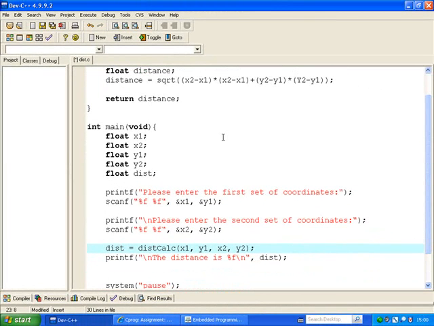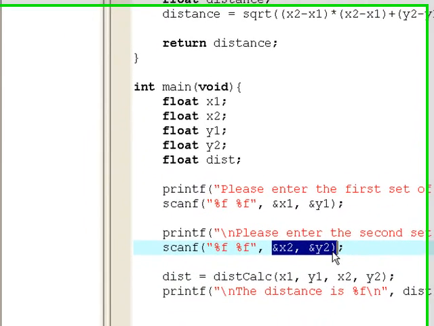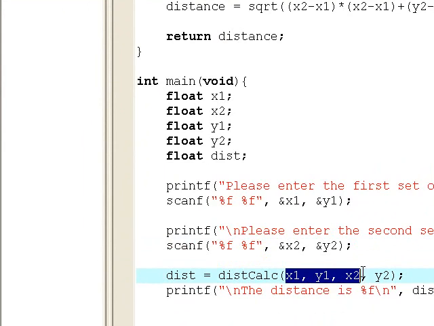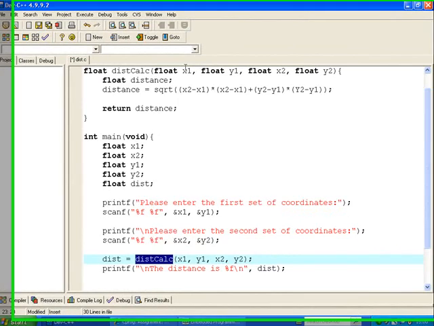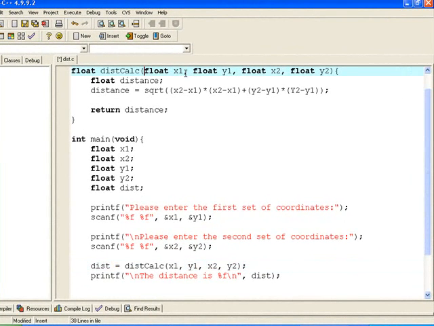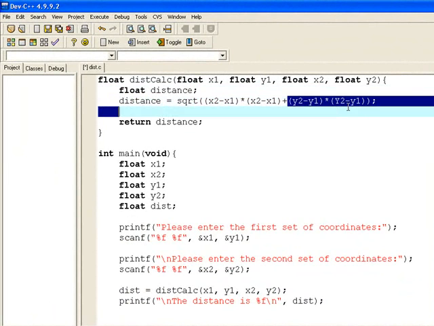Okay, so remember how this thing all works. In the main function, we start at the beginning, we declare these 5 variables here. We ask for the first pointer, the first set of coordinates. We ask for the second pointer, the second set of coordinates. We pass those 4 numbers to the distance calculation function, which up here we can see is expecting those 4 numbers in that order, and we then make another floating point number called distance, and we set distance equal to the square root of these ones squared plus these ones squared.